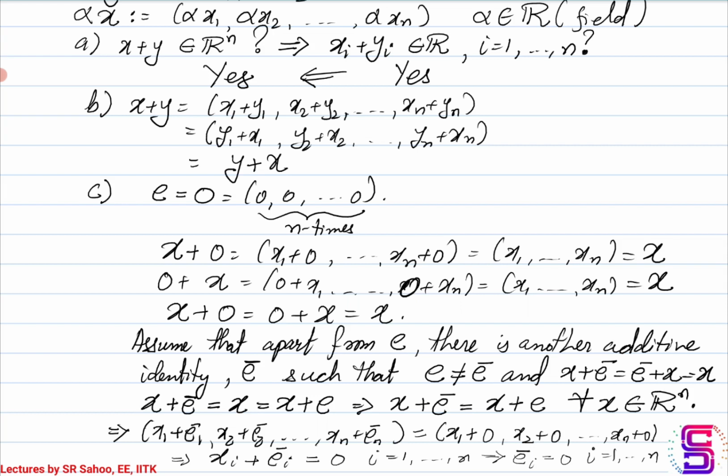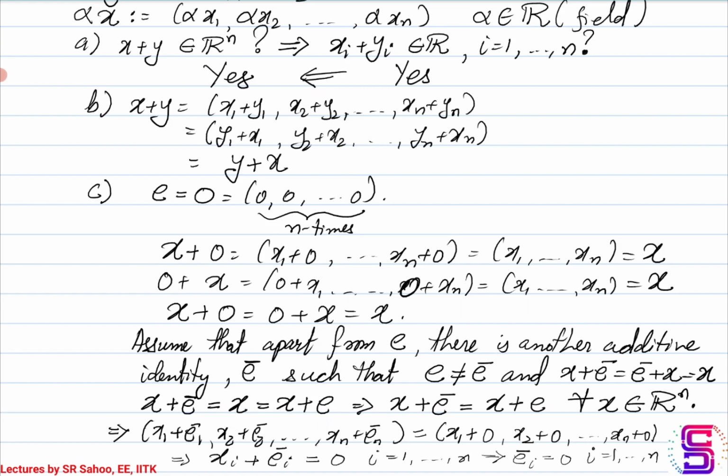So what has been done here is that suppose E is the identity element, and suppose there is another identity element E bar such that both of them are not equal, so the assumption is that the unique identity element is not true. Under this assumption, what you have is x plus E bar is the same as E bar plus x, which is giving you x, because E bar is assumed to be another additive identity.